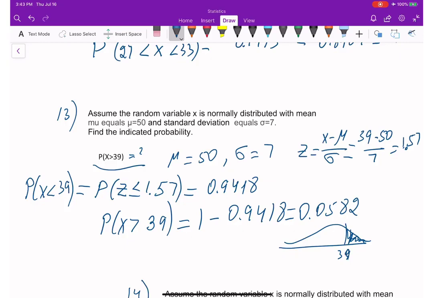Since the z-score is the same for right area and left area, we find this one, and then from 1, total is 1, subtract this probability 0.9418, and you will get 0.0582.